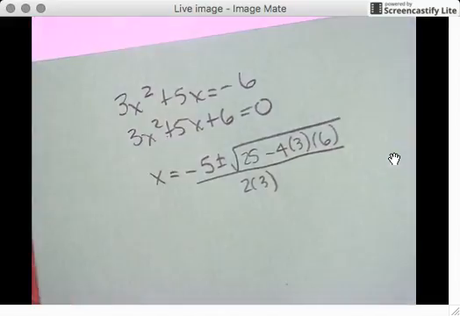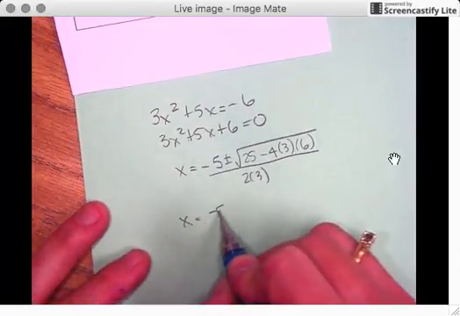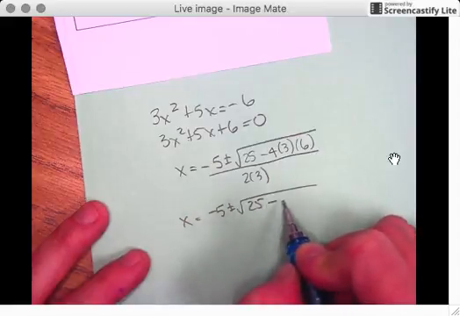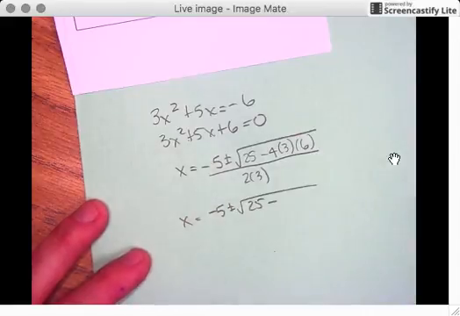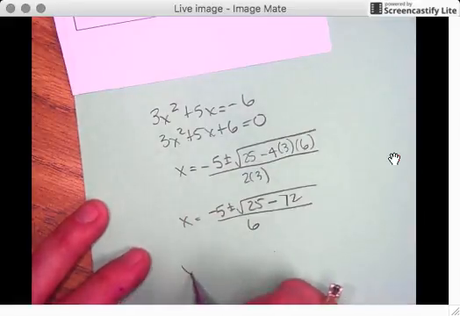Zoom it out just a little bit for you. And I need to simplify this. So we have negative 5 plus or minus the square root of 25 minus 4 times 3 times 6. 4 times 3 times 6 is 72, all over 6.